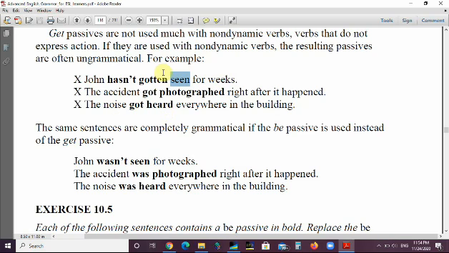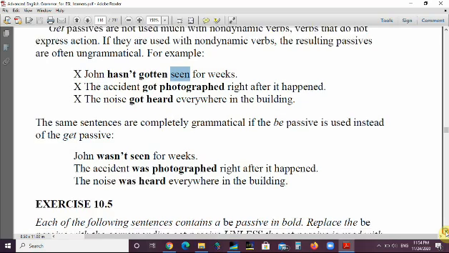So photographed, heard, seen are not dynamic verbs. This is why these sentences are ungrammatical. The same sentences are completely grammatical if the be passive is used instead of the get passive. John wasn't seen for weeks. It's okay. The accident was photographed and the noise was heard.